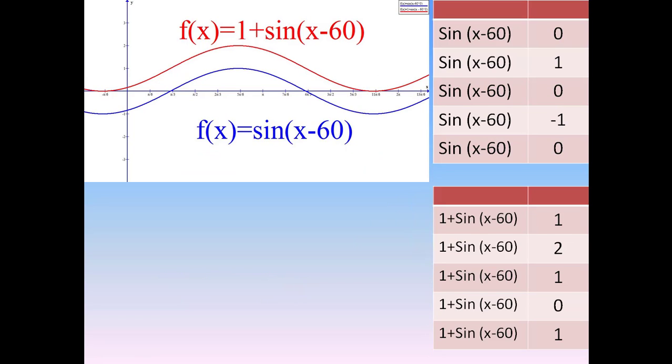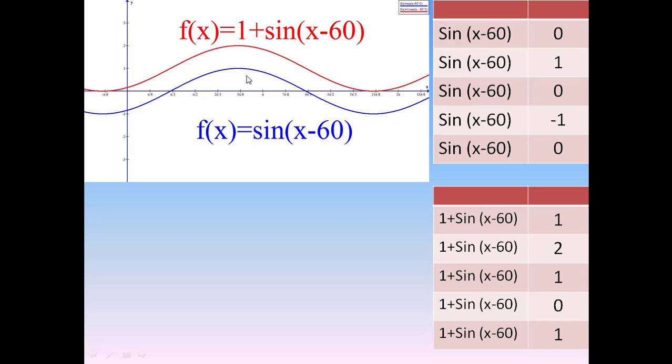After you know how to draw sin (x minus 60), this is your drawing. You start from here, because this one here is just plus 1. So 0 becomes 1, 1 becomes 2, 0 plus 1 becomes 1, and etc., to here.